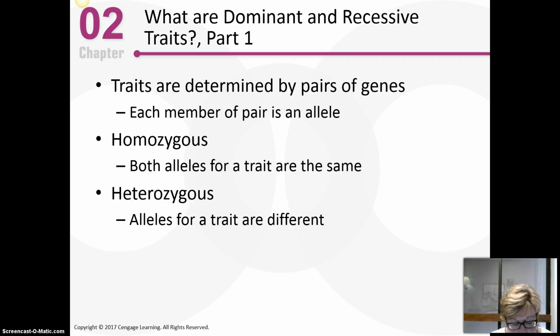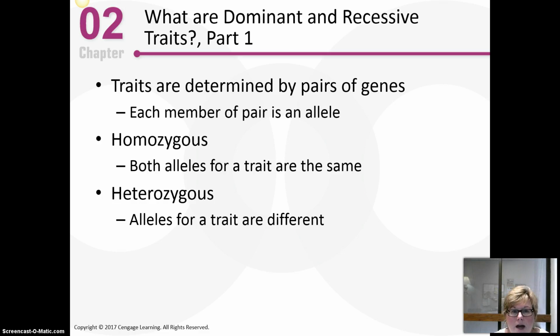And definitions for all of these words are found on page 50. But you do need to know that traits are determined by pairs of genes, and each member of the pair is called an allele. You will see that again, so you might want to catch that part of this slide.